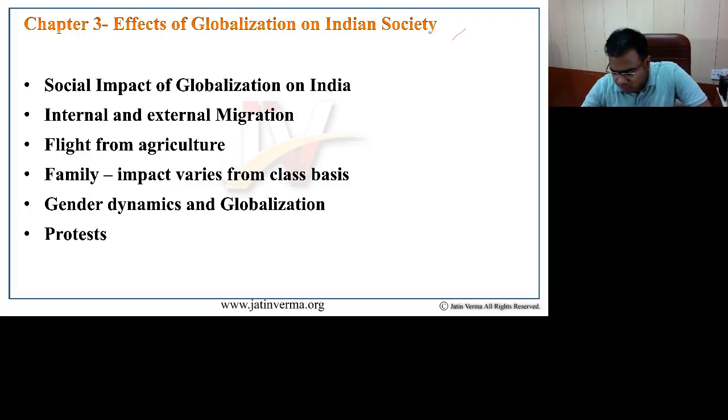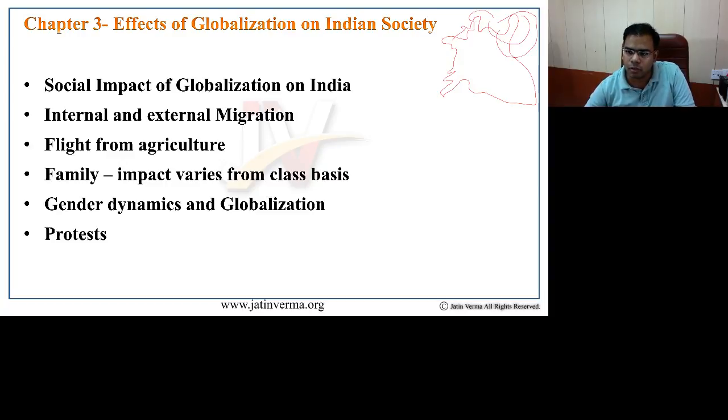So let me talk about the amount of internal migration that is occurring in India. I would like to make a rough map of India to give a general description of the migration trend. When we talk about the hinterland of India, the hinterland people are moving toward the coastal areas when it comes to internal migration.